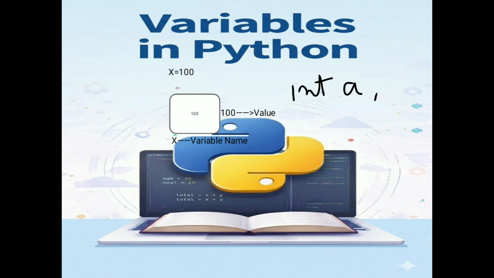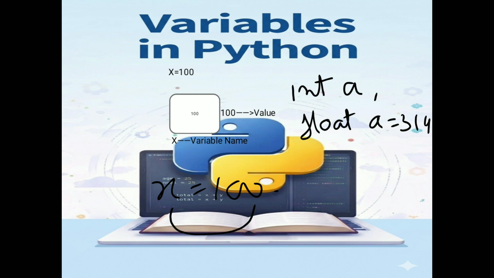If I want to declare a float value, then in other programming languages I use the data type first, then write the variable name, then write the value. Okay, but in Python we directly write the variable name, like x equals 100. According to our value, Python identifies which type of variable it is.